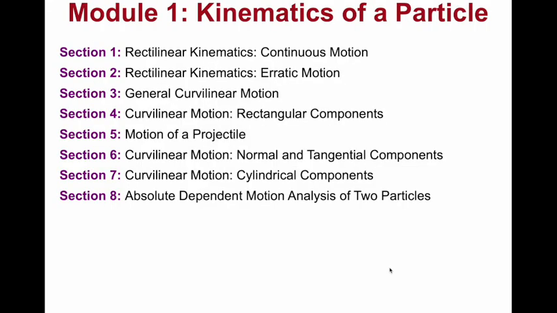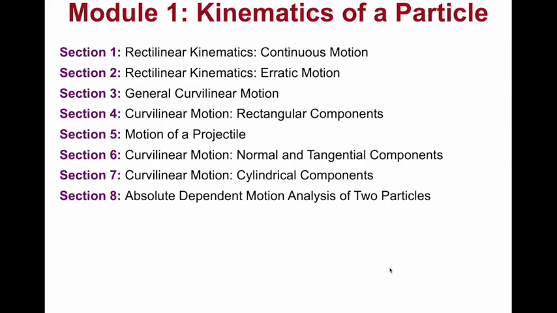In this module, we're going to start with the kinematics, so position, velocity, and acceleration, and we're going to study it in different coordinate systems. We're going to start talking about rectilinear motion, then we're going to talk about curvilinear motion. The curvilinear motion, we're going to divide in three main coordinate systems: regular rectangular components, so our x and y coordinate system.